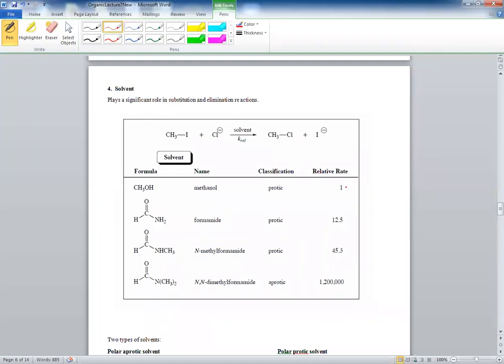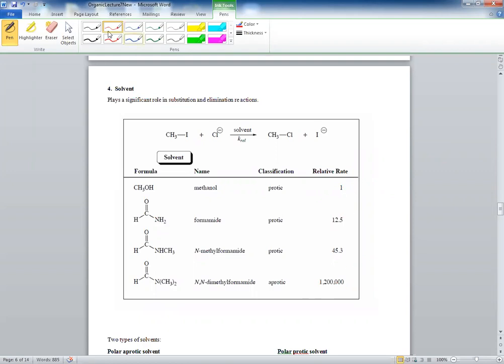So it's very slow. But as we vary the solvent, we notice that the reaction rate is increasing. This is on the million scale, this is on a 1. So this would be over 1,000,000 times faster than the methanol.